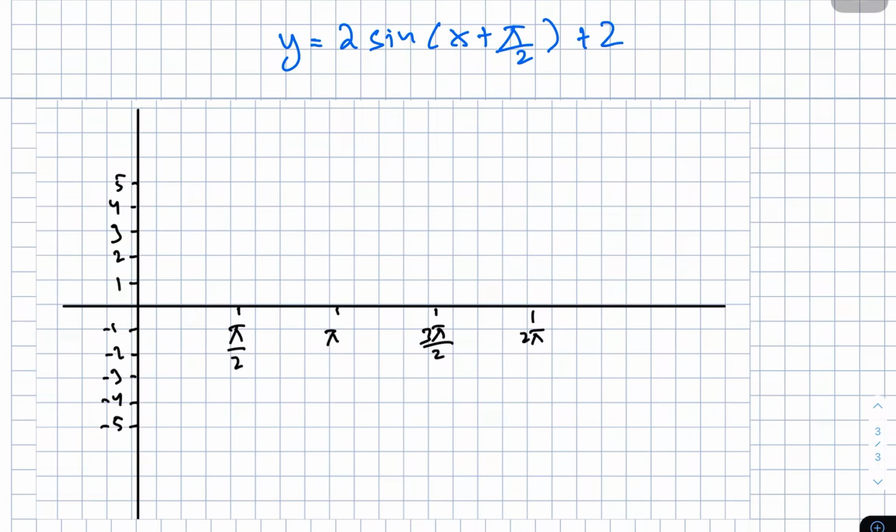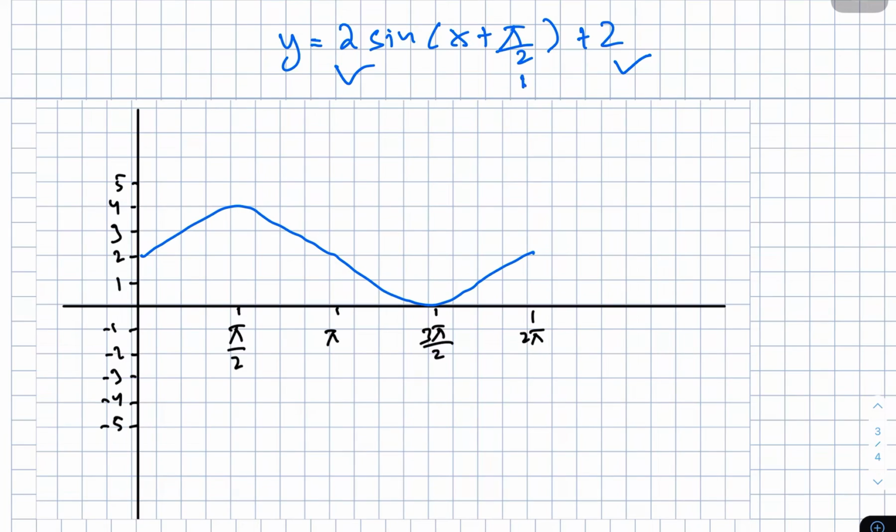So now our graph becomes something like this.